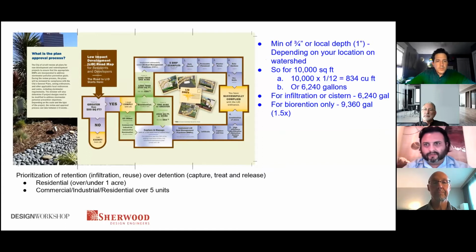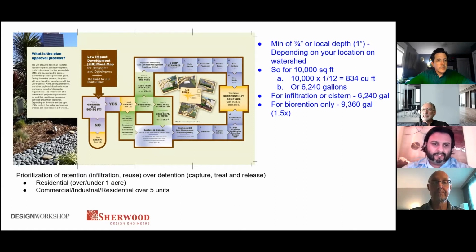So doing some quick math, over a 10,000 square foot lot parcel, you would be looking at around 834 cubic feet of stormwater to mitigate. That would translate into, if we're looking at an infiltration or even a cistern for reuse, around 6,200 gallons. And if we go the route of retention areas, the city of LA does provide a penalty for not being able to retain it and just detain it, at a 1.5 factor.